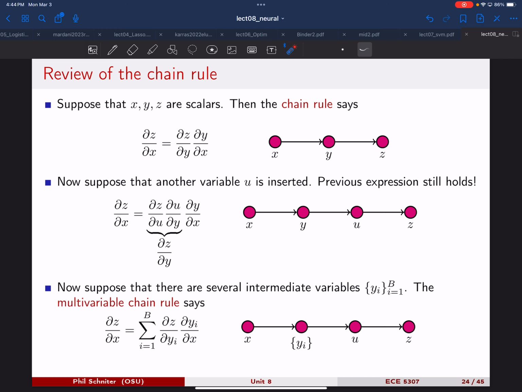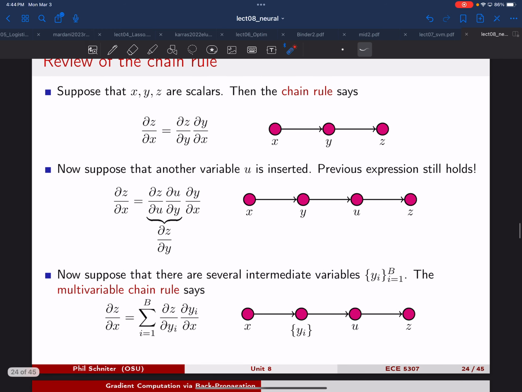Okay. And then let's also talk about what happens when there's a number of variables in one of these nodes. So another way to visualize this might be if we draw, I could expand this into, okay, so what I'm saying here is there's like a set of variables yi.